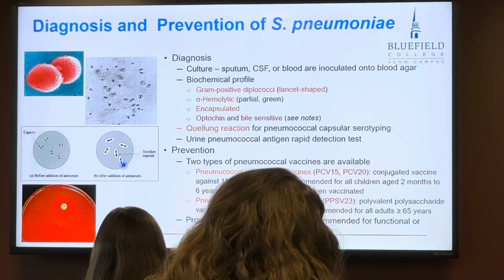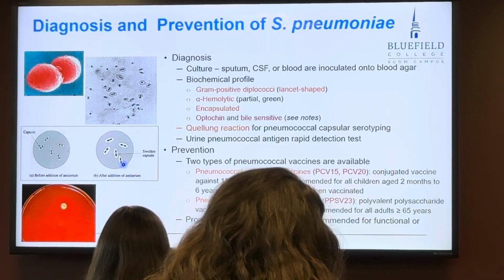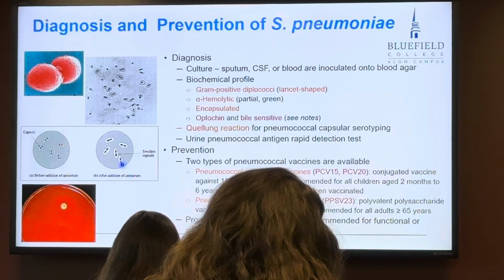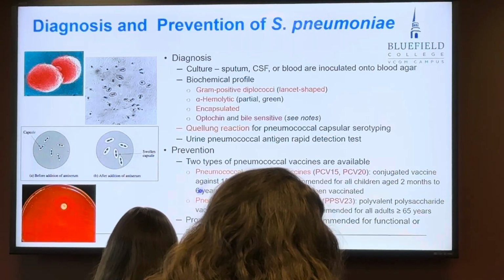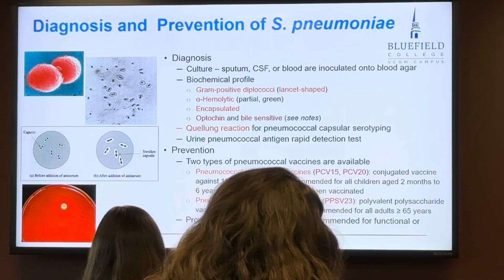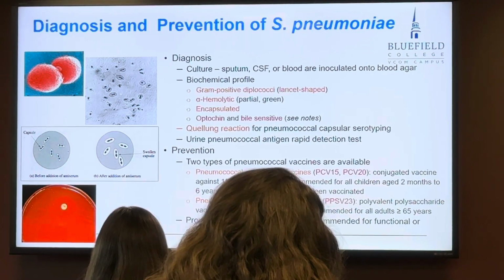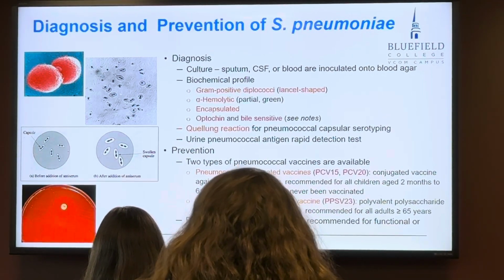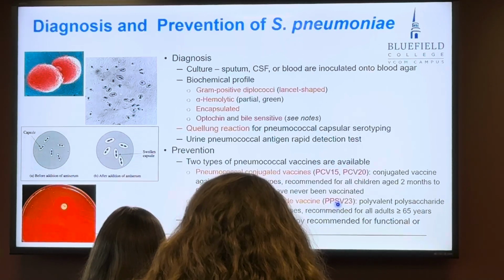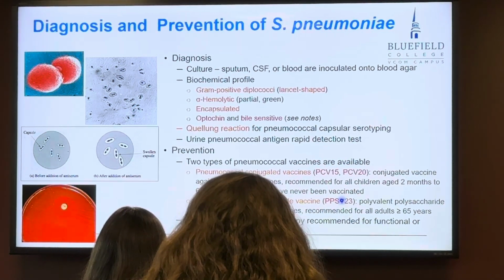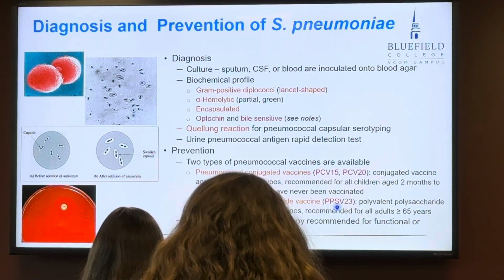Okay, so that's how you can use the Quellung reaction, not just for diagnostics, but for some really good, important epidemiology. All right. And then, so yeah, I was thinking it was the last slide, but here is, and again, some information in the footnotes, but the vaccines, because this can be prevented using the different vaccines that cover the different serotypes, and they're very highly effective.